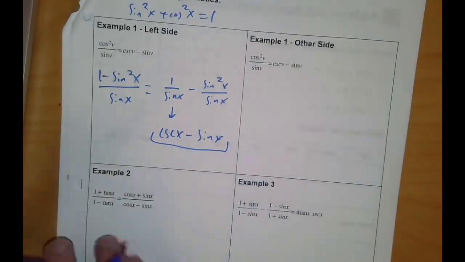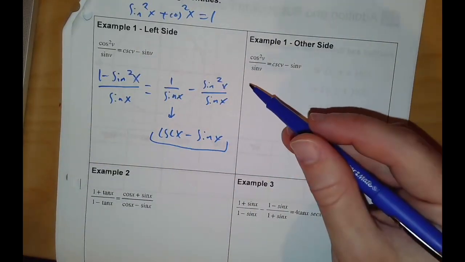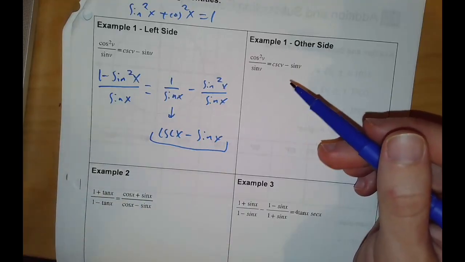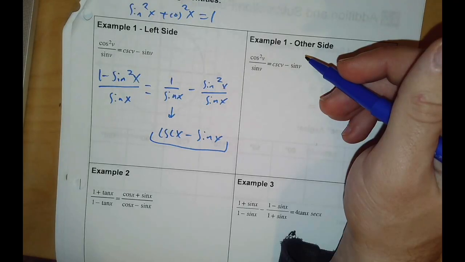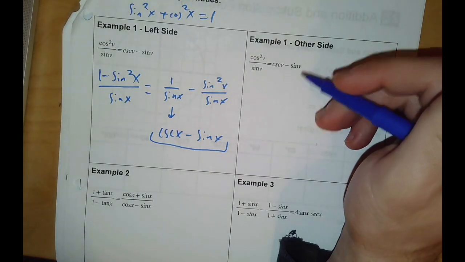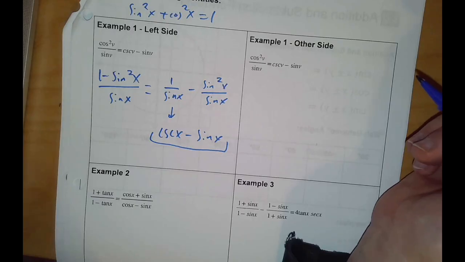If I did it the other way, if I started with that cosecant minus sine and wanted to get it to look like the left, you would go in reverse order. You would first rewrite it in terms of sine and cosine.